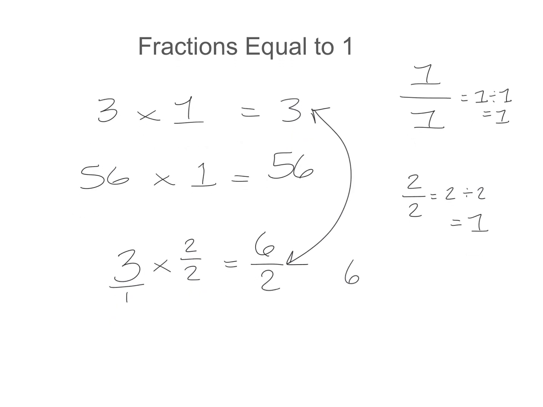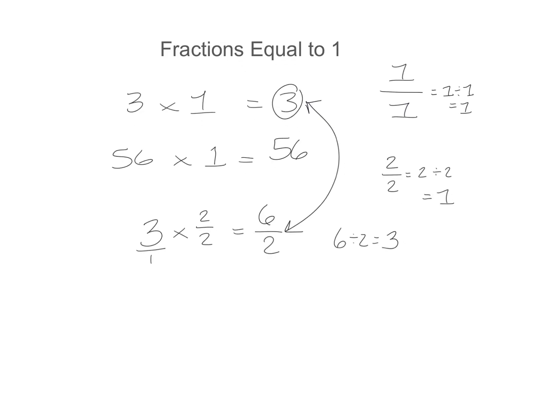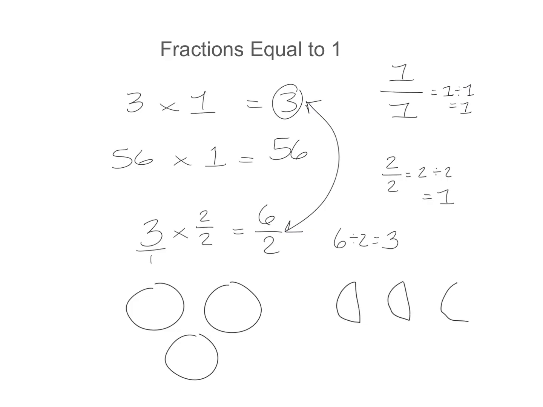But if I take 6 divided by 2, I get 3, which is what it was before. This concept of 1 might be a little confusing, but it ends up being one of the most important concepts we have when it comes to multiplying in math. 3 pizzas might look something like that. 6 half pizzas, right? Here are my pizza halves.